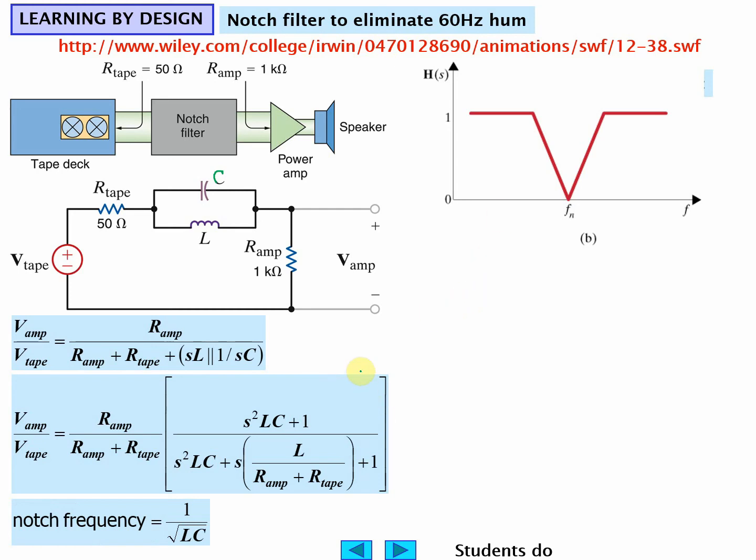You'll notice you got a 0 up here and a 0 down here. So you're going to have a double pole, which means you're going to fall off at 40 decibels per decade. And then you're going to have a double 0 at 1 over root LC.